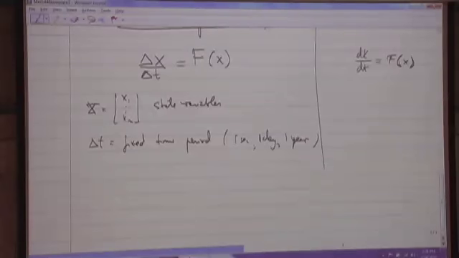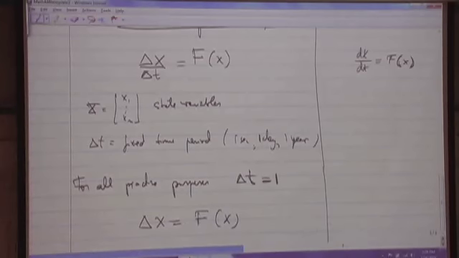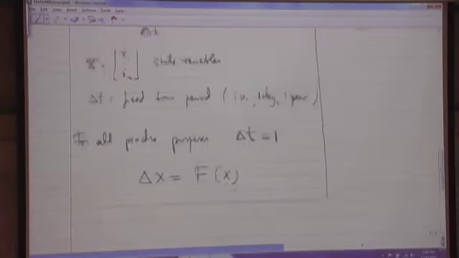So, for all practical purposes, we're going to assume that delta t is 1. If it's not 1, you just move it to the right. So really what we have is a law that says the change in x is a function of x.